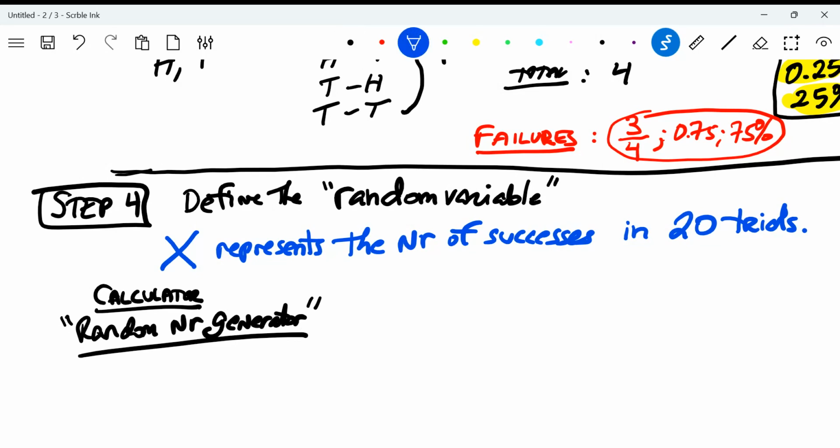And the way we get to it, on the calculator, you go to the math button. And then you move over to the probability button.